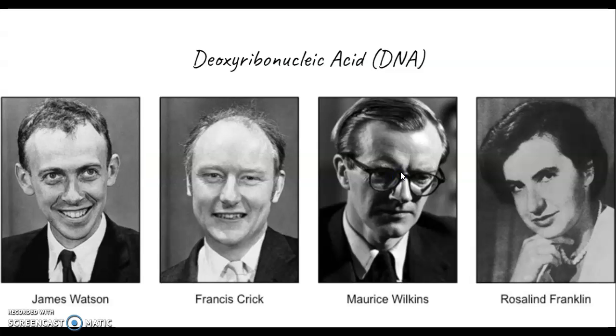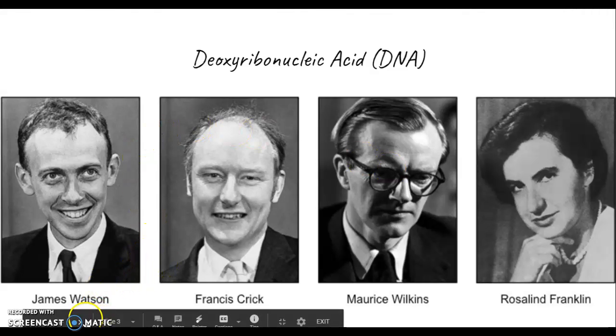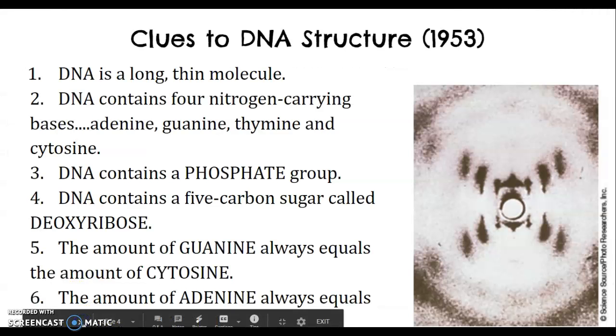There's 4 scientists that were given credit for discovering the structure of DNA, or deoxyribonucleic acid is the formal name. They're James Watson, Francis Crick, Maurice Wilkins, and Rosalind Franklin. Now, Rosalind Franklin, on the next slide, we're going to see that she is the one who actually is credited with this picture.